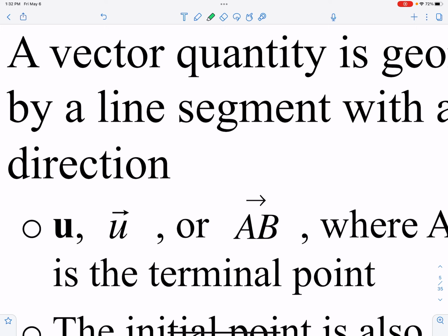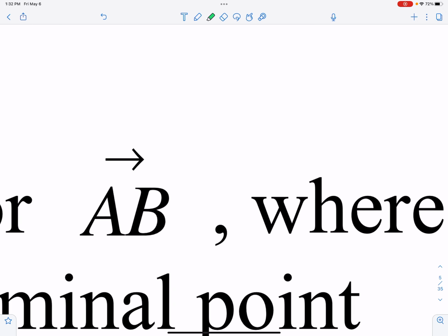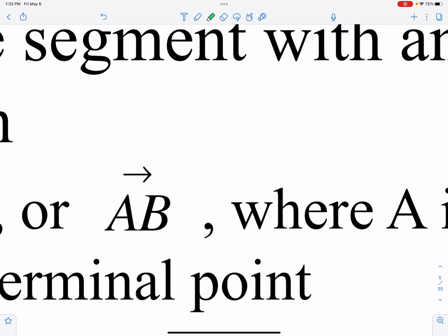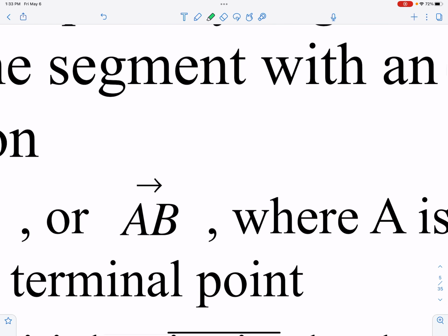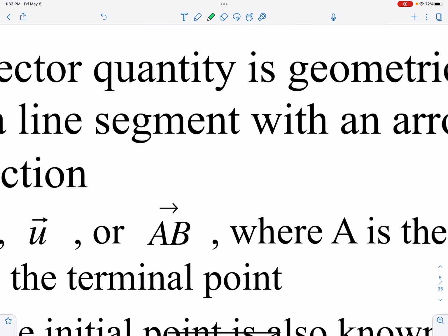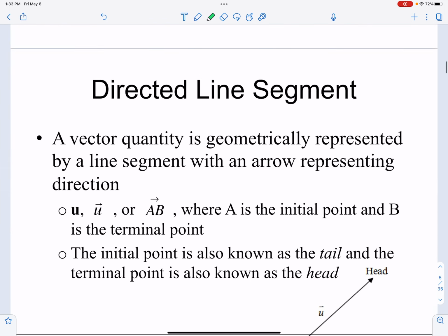U and V are very common vector names. And then there's also the notation where you have the initial point of the vector and the terminating point of the vector. So if A were the initial point and B were the terminating point, with an arrow over the top, that can also be used.